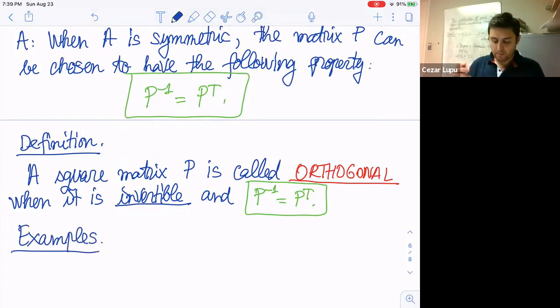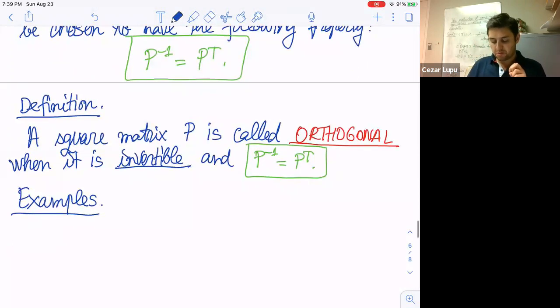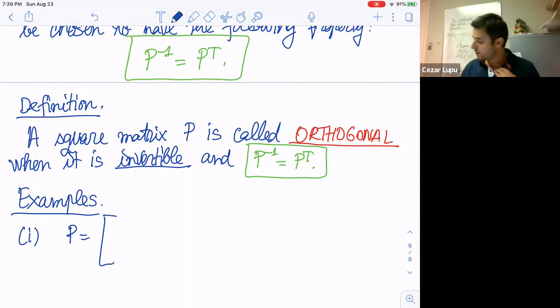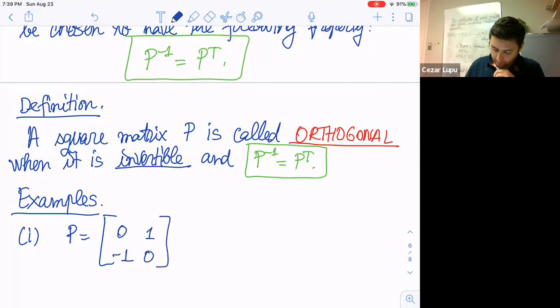Let's just cook up some matrices. For example, let's look at this matrix. Let's take a 2 by 2: 0, 1, and -1, 0.